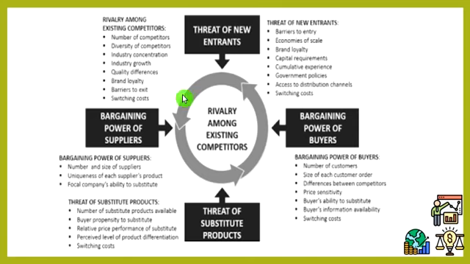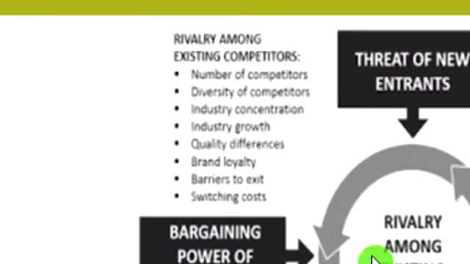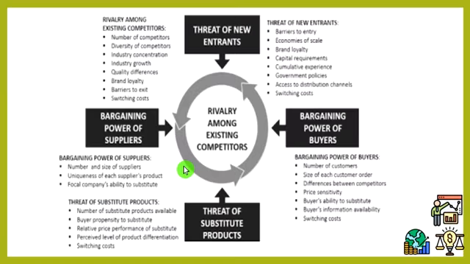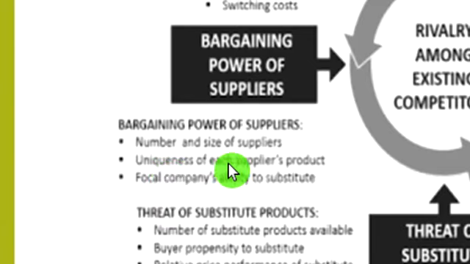For example, in rivalry among existing competitors, these are the following examples: number of competitors, diversity of competitors, industry concentration, industry growth, quality differences, brand loyalty, barriers to exit, switching costs.